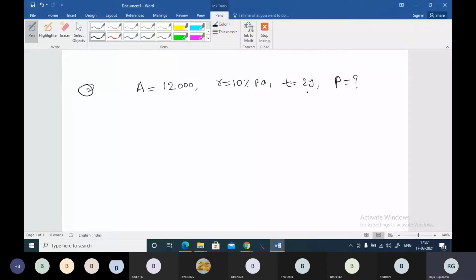Exactly. 10,000 will be the answer. This question is the reverse of the previous one. So we'll see how to do that one.